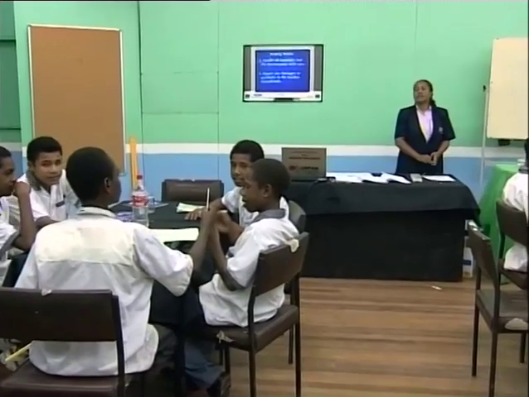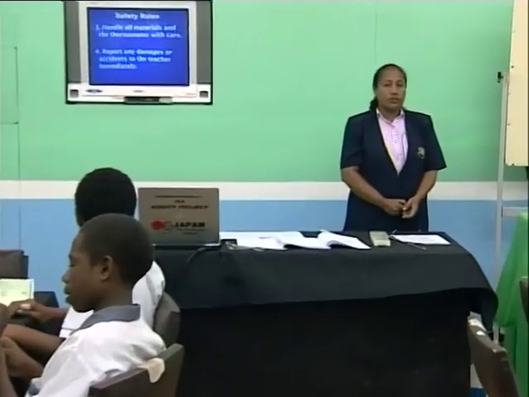Group leaders, please. As I've already shown you how to remove the thermometer, please follow the steps and carefully remove the thermometer. Hold it in the middle so that the other group members can have a close look of the thermometer. Do not hold the thermometer at the bottom where the bulb is.